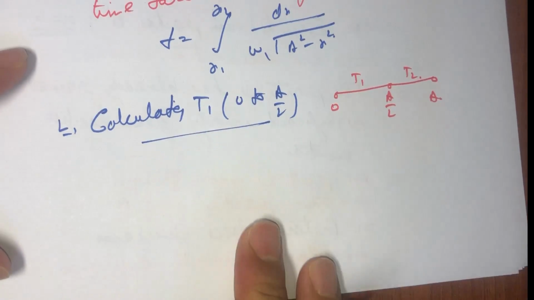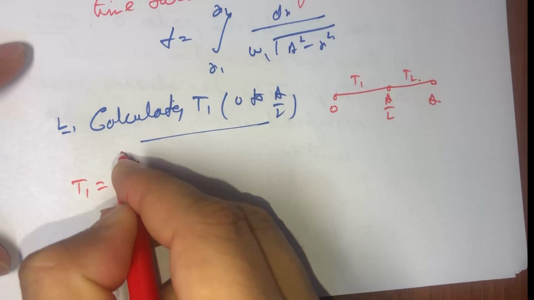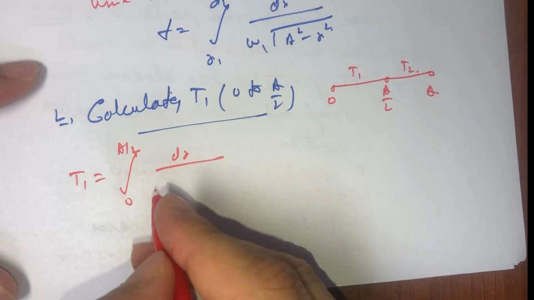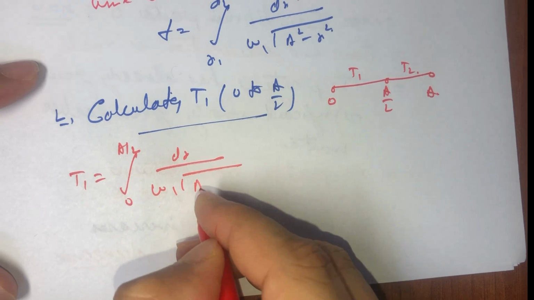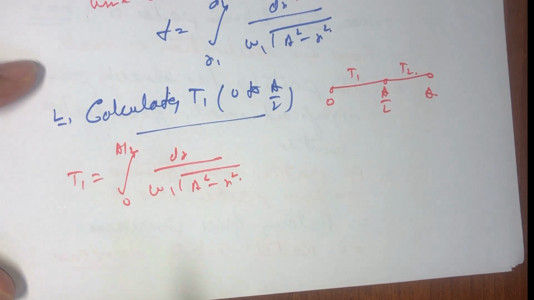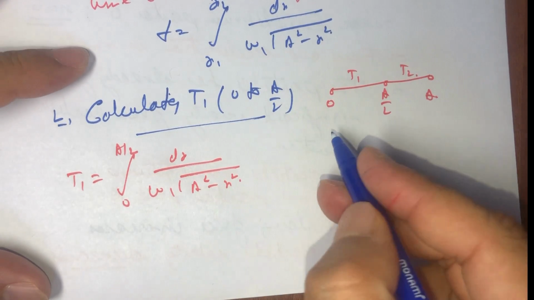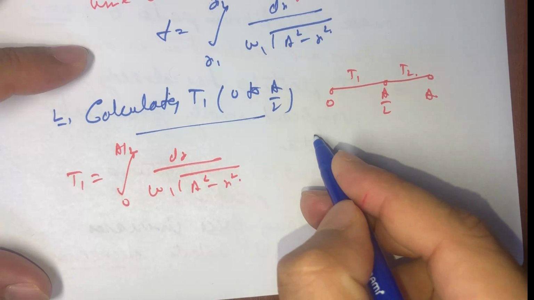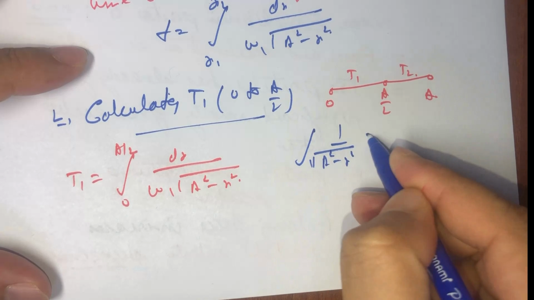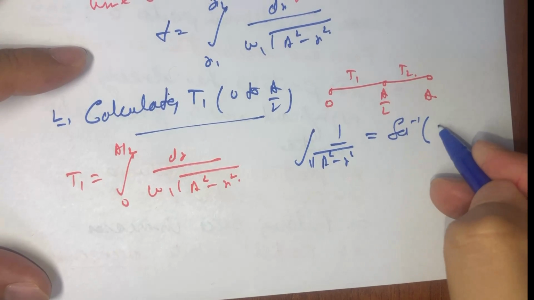So t1 is equal to the integral from 0 to a by 2 of dx divided by omega times the square root of a square minus x square. We are only interested in the integration because omega we can take common. The integral of 1 upon the square root of a square minus x square gives us sine inverse x by a.